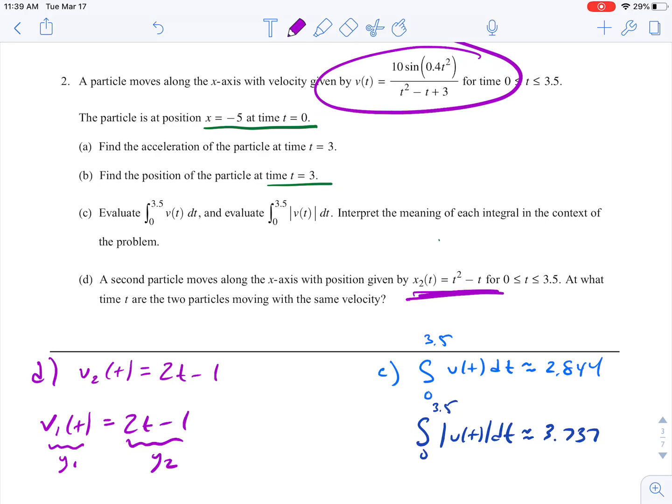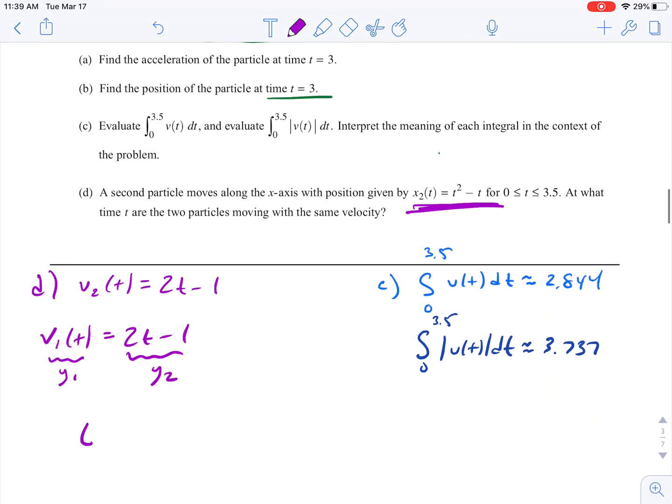X min should be 0, X max should be 3.5 here. And just find where they intersect. And they intersect at about 1.571. And that's that. All right, 2 points for that problem, setting the derivative of x2 equal to velocity of particle 1, and then just coming up with that point of intersection.